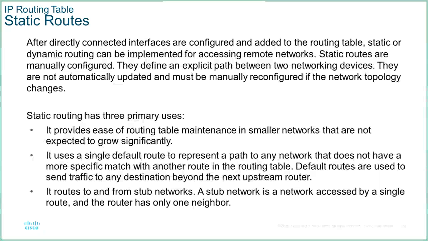So if we're what's basically considered a stub network, in other words, we only have one connection going upstream, it's very efficient for us just to do a static route saying all other networks are connected upstream via the next device.